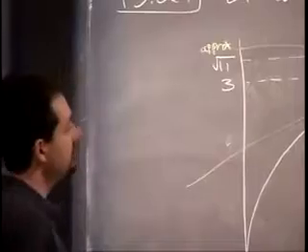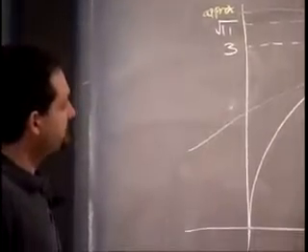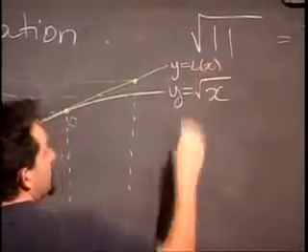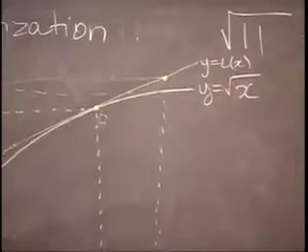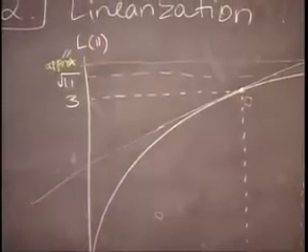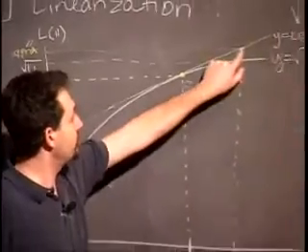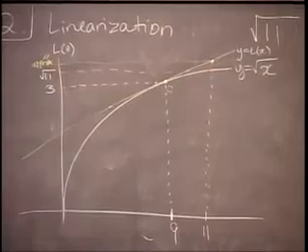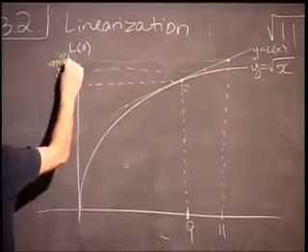Okay, so we need this line, y equals L of x, the green line, and the approximation is L of 11, right? Because if I plug in 11 into y equals L of x, then the height is L of 11. This is the approximation.